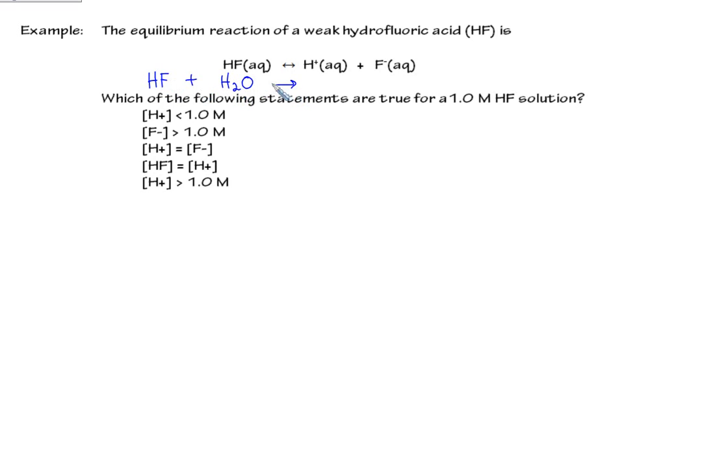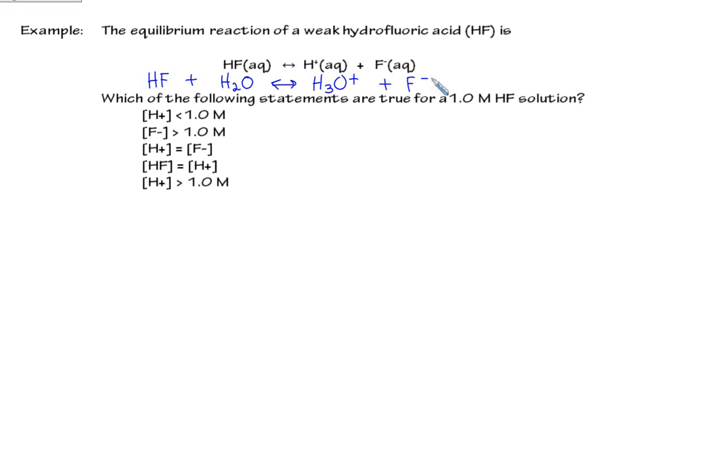And then on the product side, instead of this being free-floating hydrogen, they might have it as H3O plus, the hydronium ion, and then we'd have the fluoride. Often you'll see it written with water for a weak acid. Often strong acids leave the water out. But again, you usually don't need to worry about writing the equations. They're often given for you.